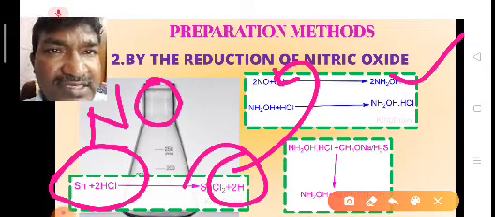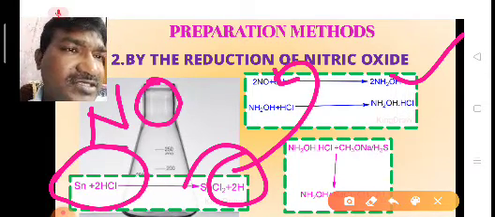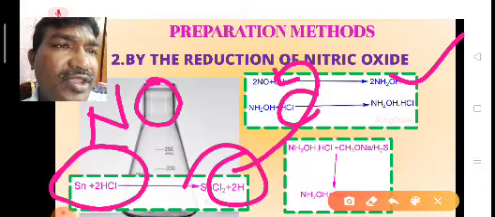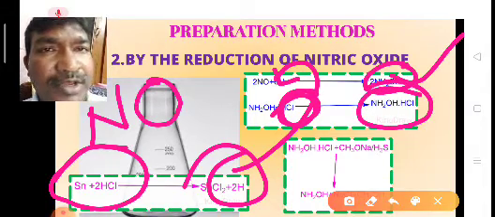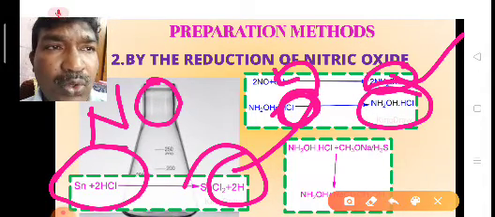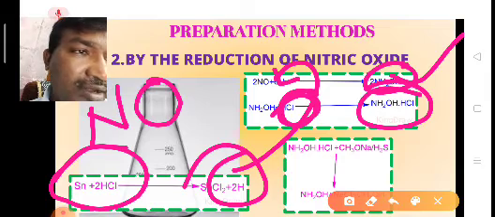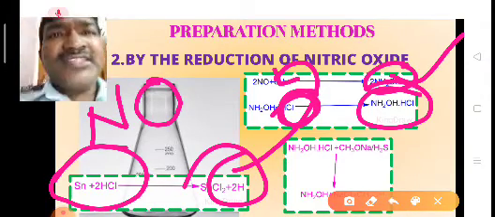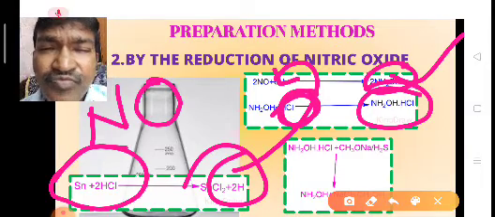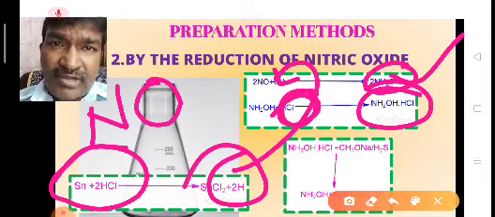If we use excess HCl, the hydroxylamine formed here reacts with HCl and forms hydroxylamine hydrochloride. So here we get a salt. We don't get the pure hydroxylamine.